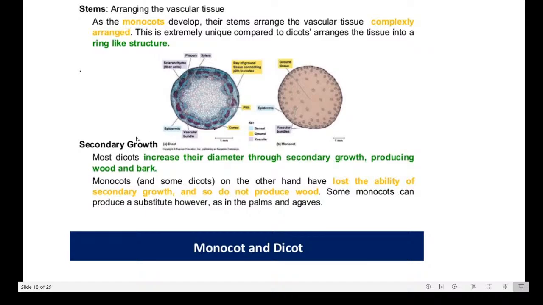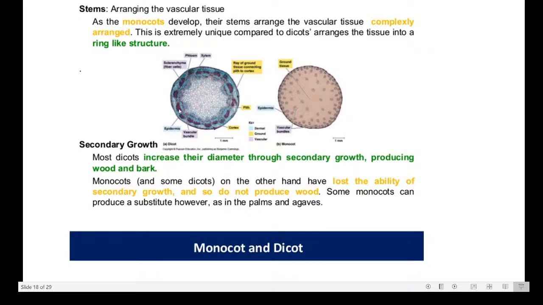This condition indicates it is growing by the day. In monocots, on the other hand, there is a loss of the ability for secondary growth, so they do not produce wood.